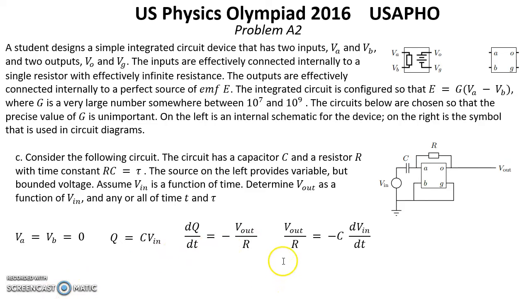Then we have Vout over R equals negative C dVin over dt, and finally Vout equals negative tau multiplied by dVin over dt. This was the solution for question C, and this circuit is a differentiator. Those were the three answers for questions A, B, and C of problem A2.